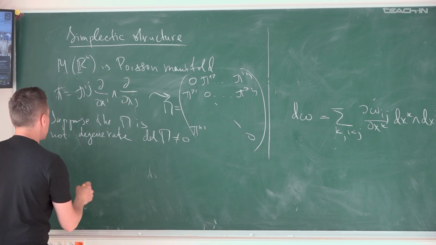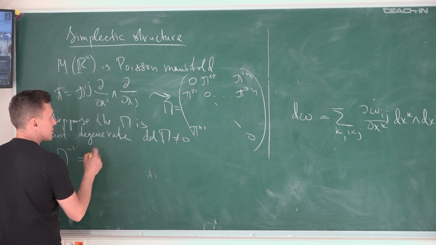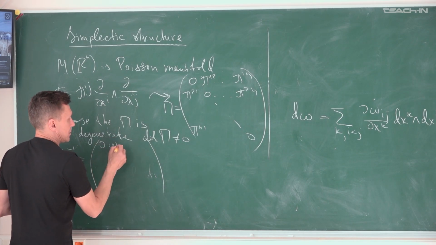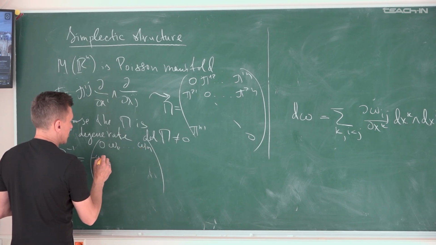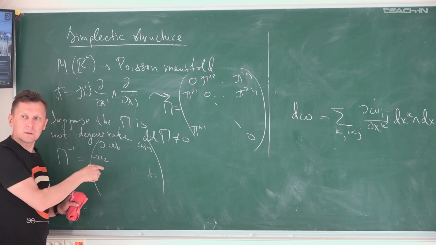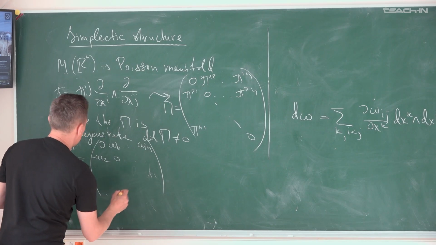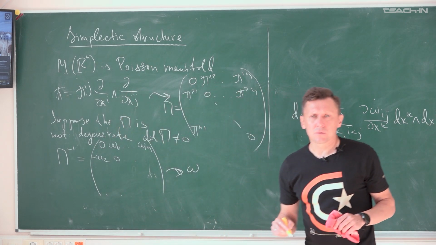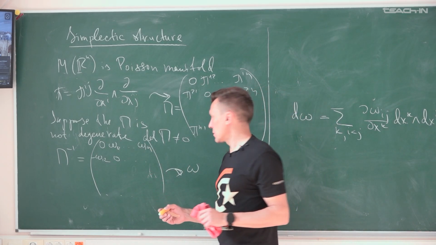In this case, we can consider the matrix pi minus 1, just the inverse matrix. I will denote it by the matrix of functions omega 12, omega 1n, minus omega 12, omega 21, which is also skew-symmetric, 0, etc. And I will define a differential form on this variety by the coefficients of this inverse matrix.